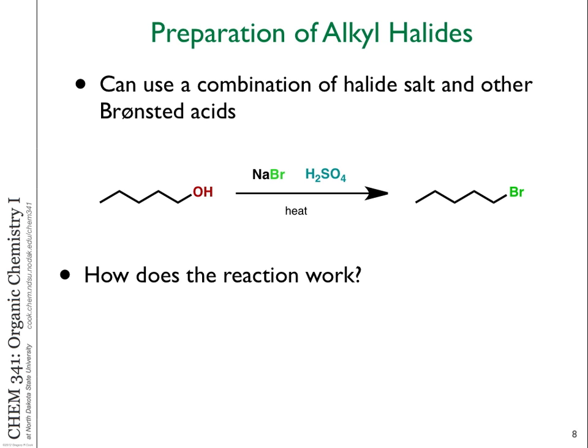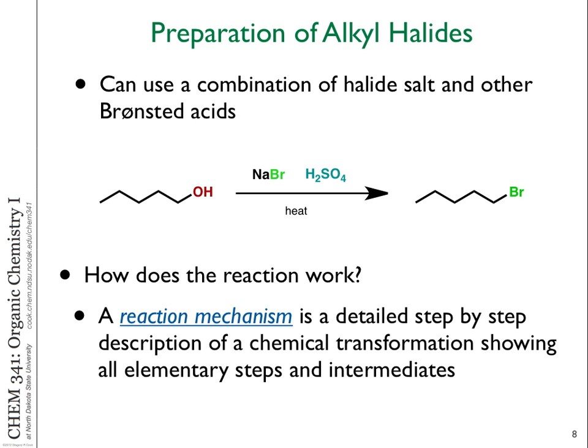If you just take an alcohol and heat it up to even 100 degrees, you're not going to break the C-O bond. Something else has happened. And chemists describe or explain how reactions proceed by talking about the mechanism of the reaction.